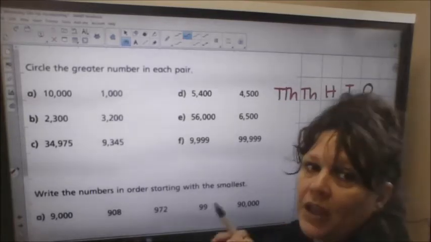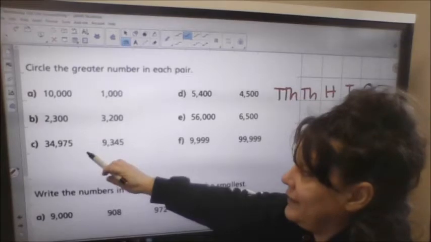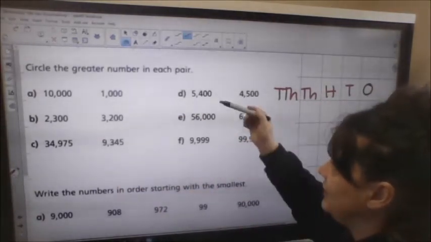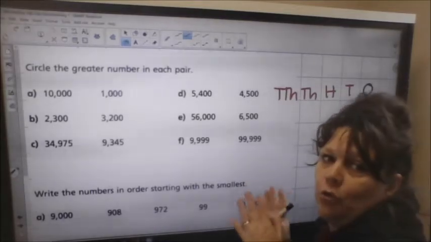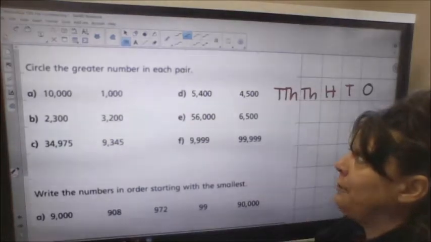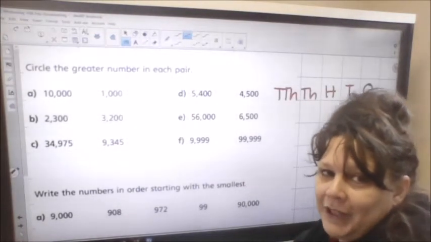So you're going to leave a line and you're going to write the pairs down. You've got pairs of numbers, A, B, C, D, E, F, and then you are going to circle the greater number in each pair. Okay, pause the video, have a little go, and then we'll see how you get on.